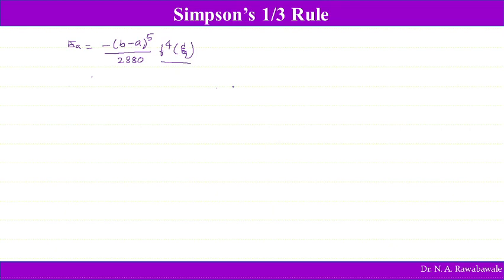It can be obtained by differentiating this function f of x 4 times. If we differentiate it 4 times, we get 2100 minus 21,600 plus 48,000x.